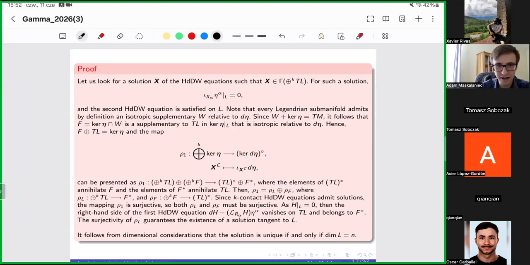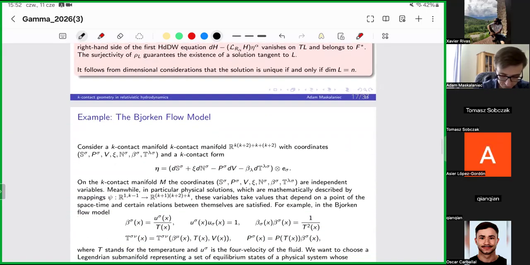So doing in fact k-symplectic linear algebra, we managed to calculate the dimensions of the kernels of our mappings, assuming that our solutions need to be tangent to the Legendrian submanifolds.